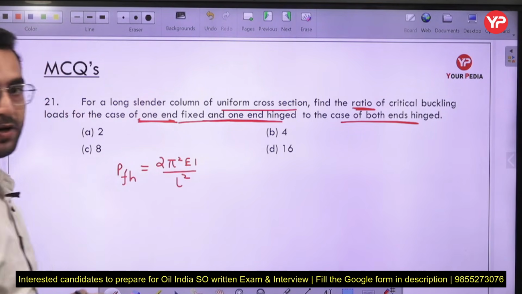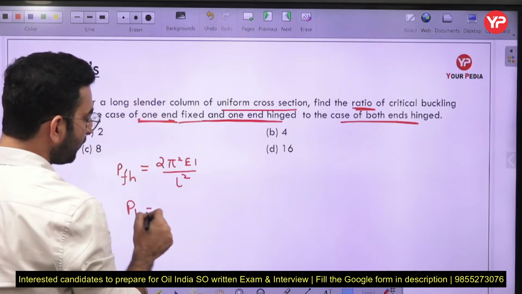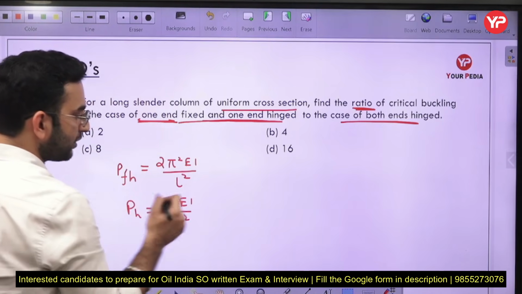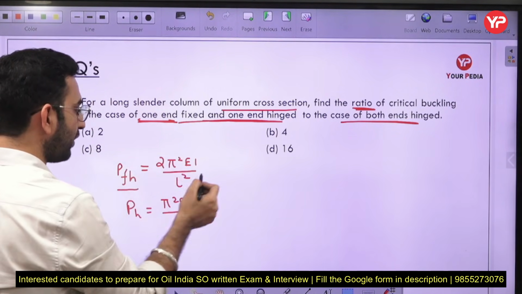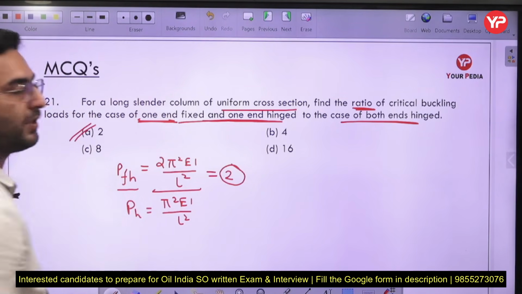That is the first formula. And when both the ends are hinge, at that point the formula is pi square EI upon L square here. So if you simply take the ratio of these two, you are going to see the value will come out to be 2 here. Option number A will be the correct answer.